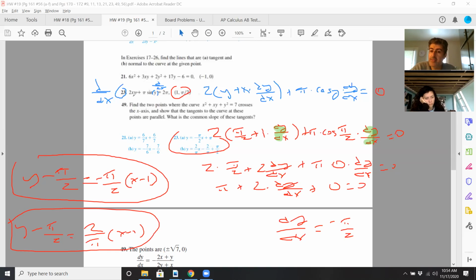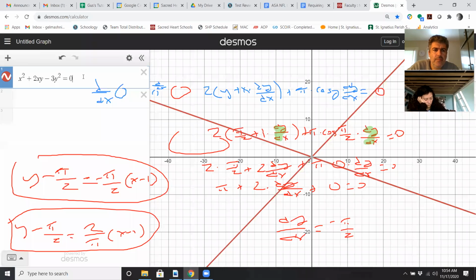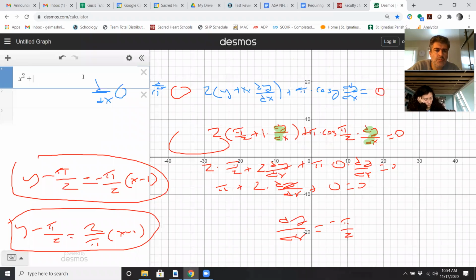And by the way, you could plug this in your calculator, and plug in the normal line, and they should link up correctly at 1 comma pi over 2. So I'll do that really fast so you can see that in action one more time. So 2xy plus pi sine y. You just type pi for sine.